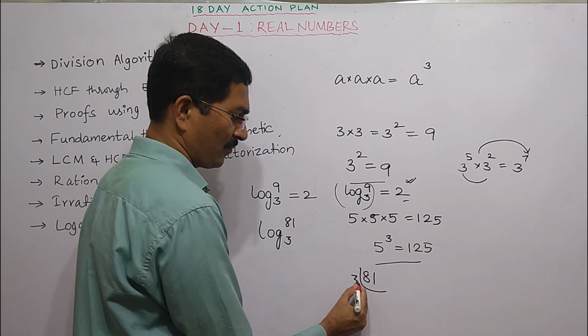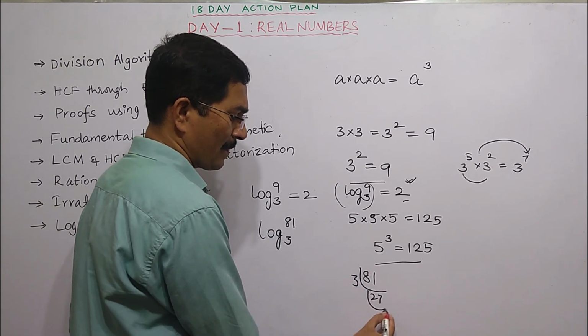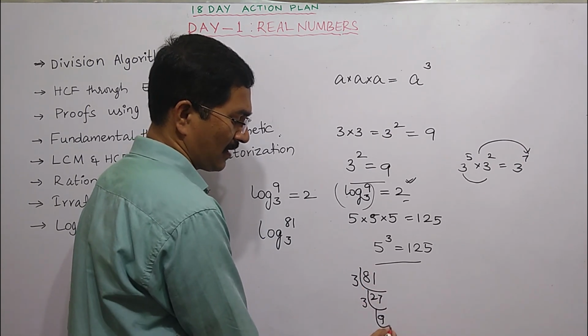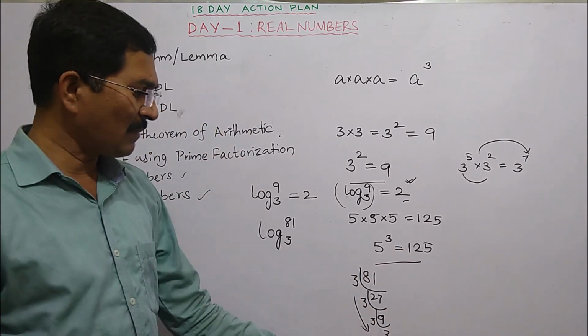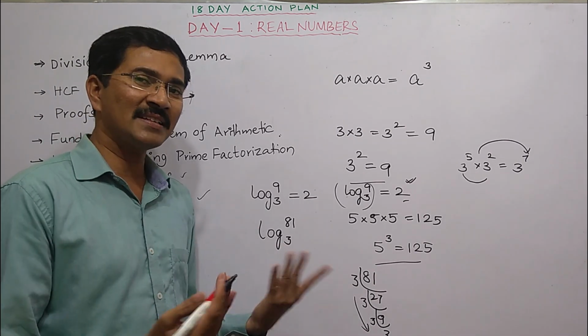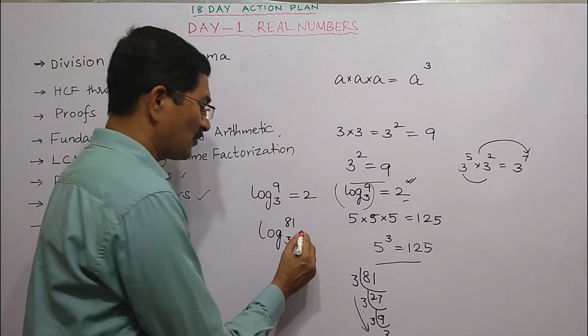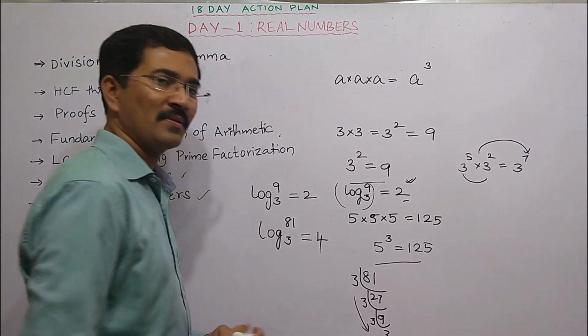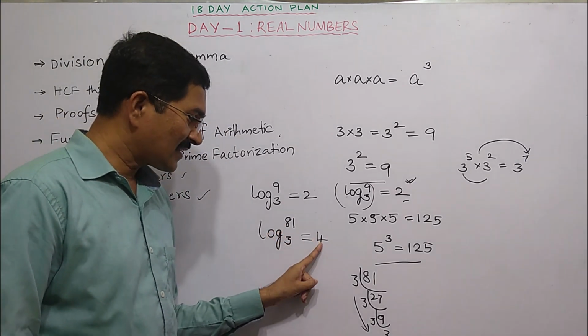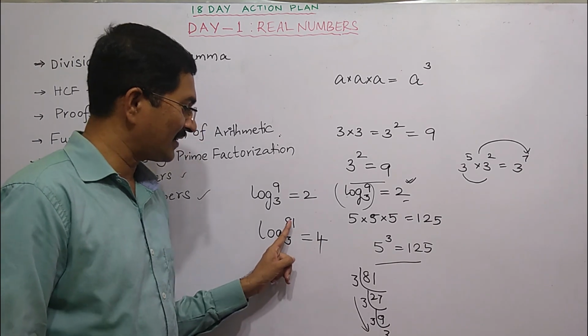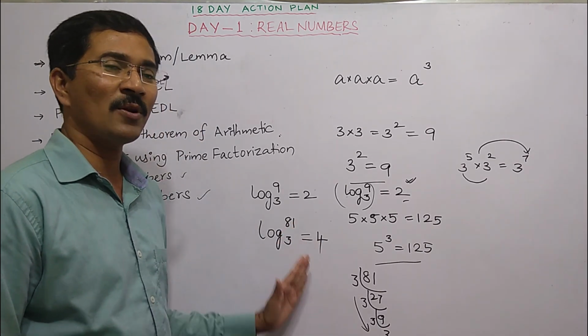So 3 27s, 3 9s and 3 3s. So 3 is multiplied 4 times. So the answer is simple, 4. That means when you put this as power to this, you will get this one. That is the meaning of logarithm.